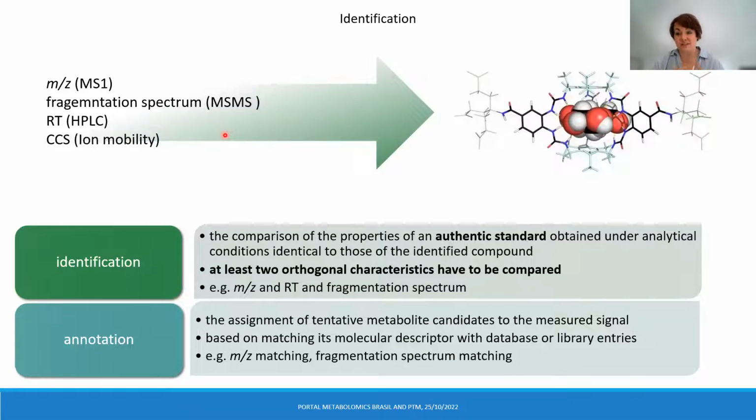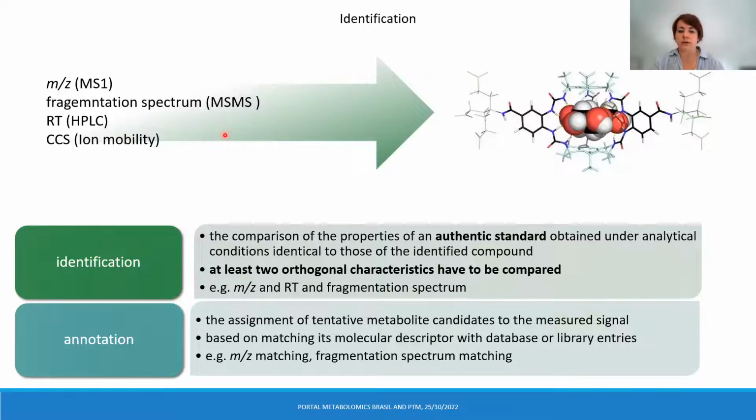We are analyzing this standard under identical conditions to those that we use to measure our samples. And then we are comparing the measured properties of this authentic standard with measured properties of our ion. And if at least two orthogonal properties are the same, we can assume that we identified a particular lipid.